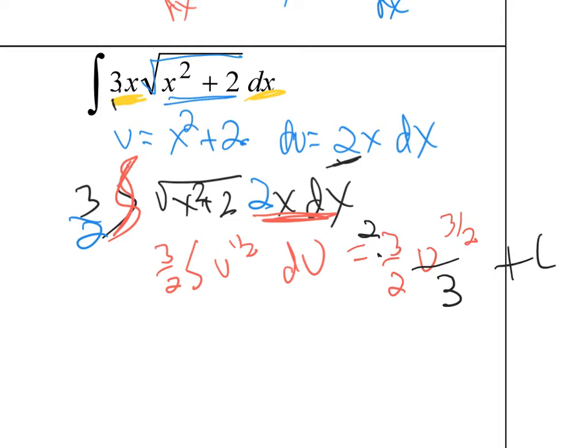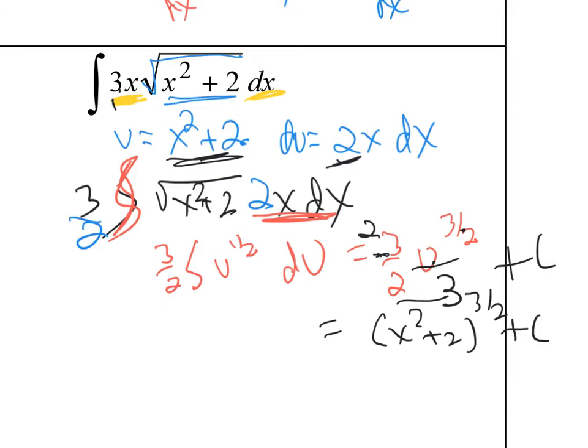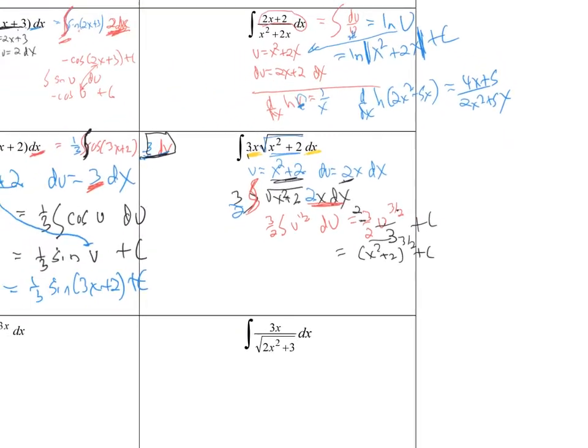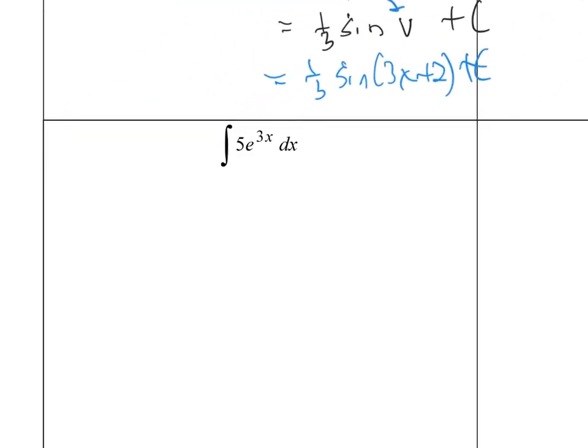Now that's just a big mess, because 3/2 with a 2 up there and another 2 down here, look at all that multiplying. I hope you see that 3/2 times 2/3 just cancels out. This gives me 6, this gives me 6, it cancels out. So you're really looking at a u to the 3/2, and u was labeled up here as x squared plus 2 to the 3/2 plus c. It actually is simpler than it looks, but it won't feel that to you. I'm just old and done this a lot.